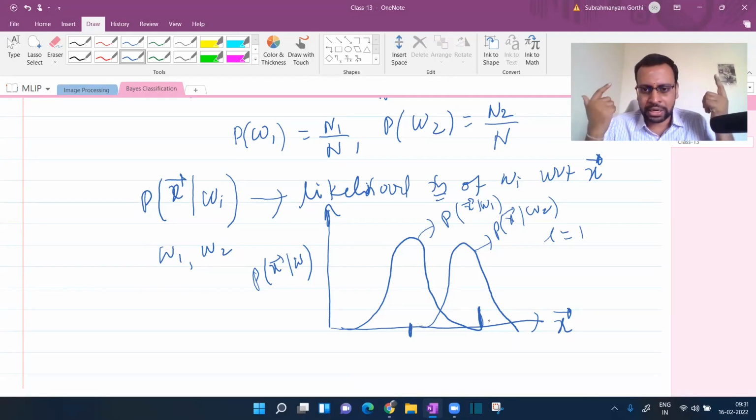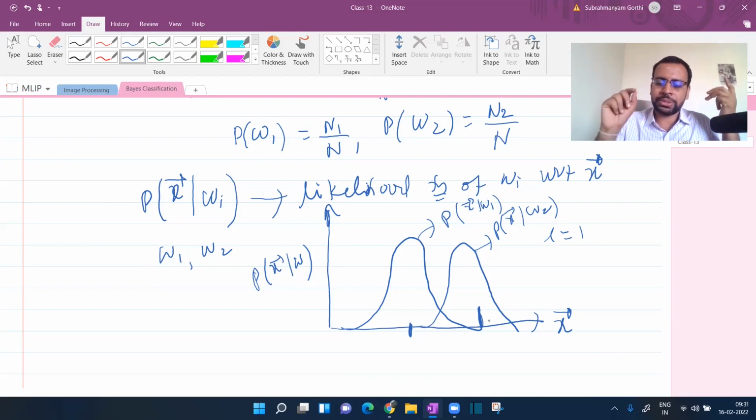Just keep in mind two things. There could be noise, so sometimes a sample very far away from the distribution might still belong there. And we have discussed another point also: there is not a unique point here. It's a statistical distribution of each class.